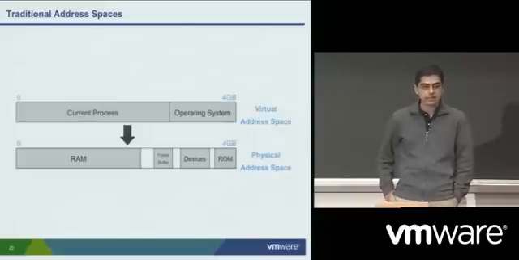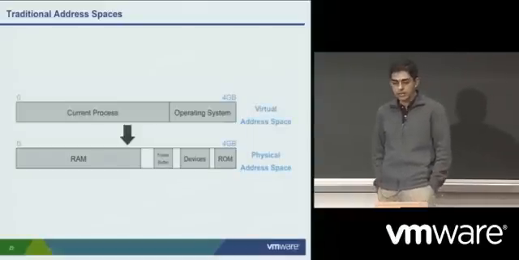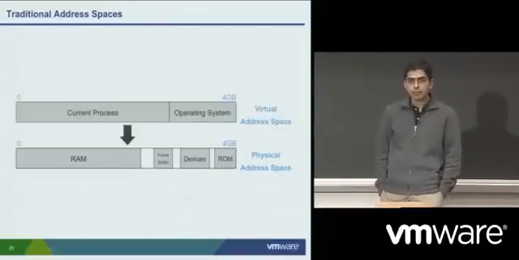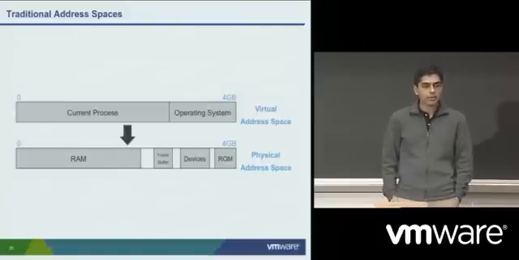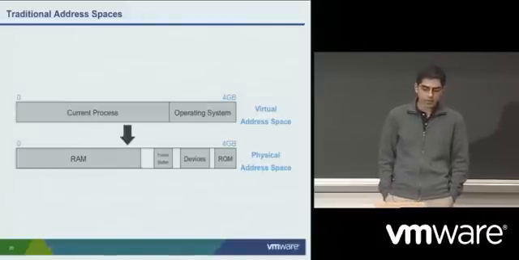You then had this extra layer of indirection called virtual memory, where the operating system would actually present a virtual address space to processes and would actually manage the translation of these virtual addresses to the underlying machine's physical addresses using a component of the architecture called the memory management unit, or the MMU.